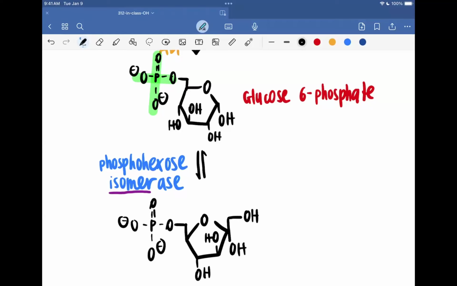So we've gone from our 6-membered ring to a 5-membered ring, and that is our key chemical change here. So now we have fructose 6-phosphate.